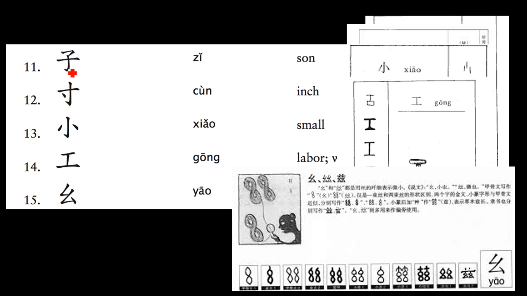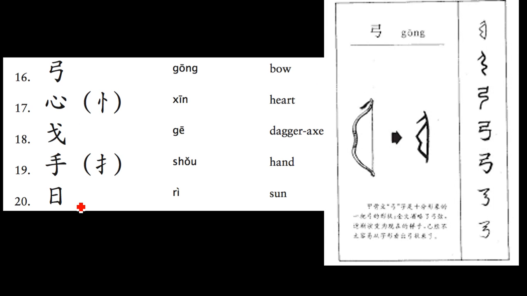子、寸、小、弓、腰。子、横、撇、竖钩、横、寸、横、竖钩、点、小、竖钩、点点、弓、横、竖、横、腰、撇横、撇横、点。Number 16, 弓.